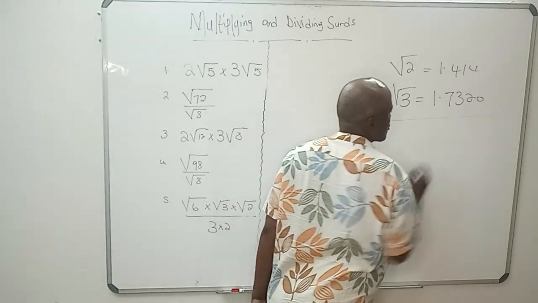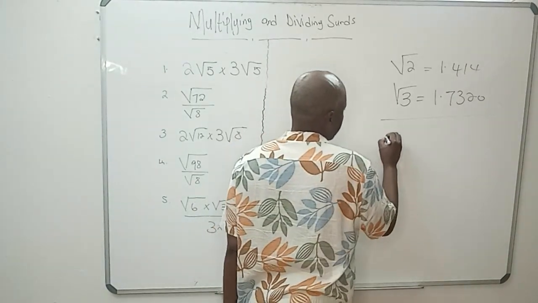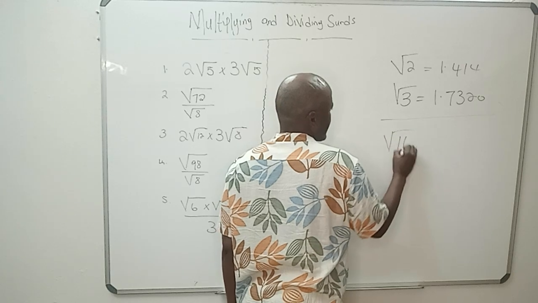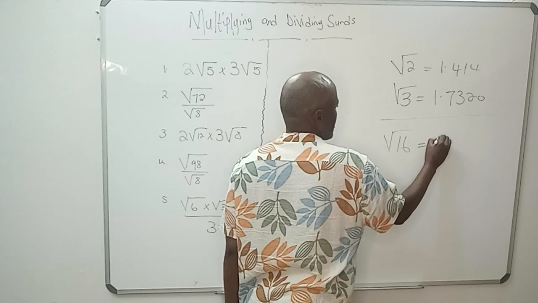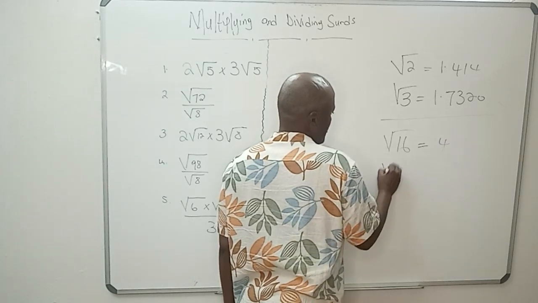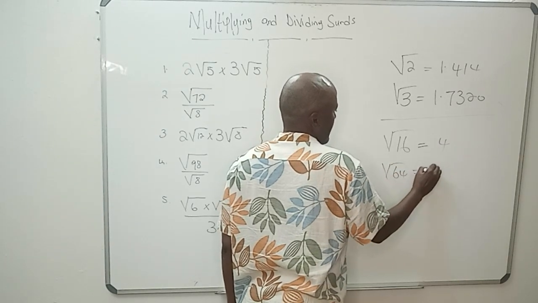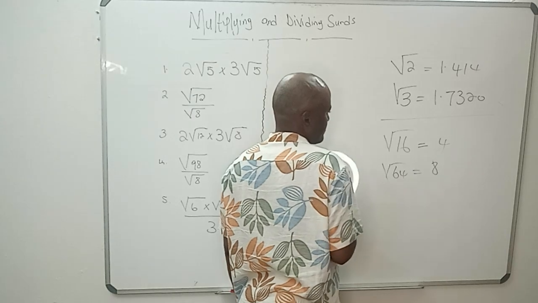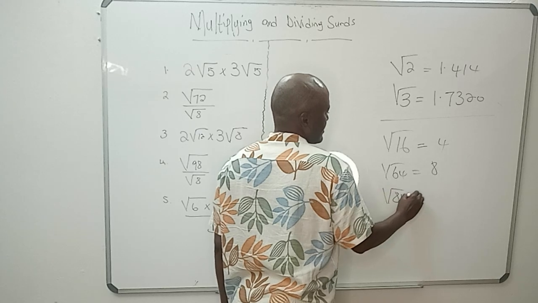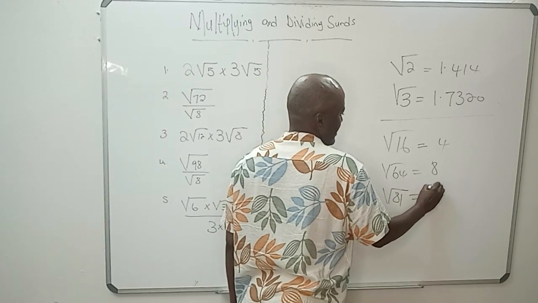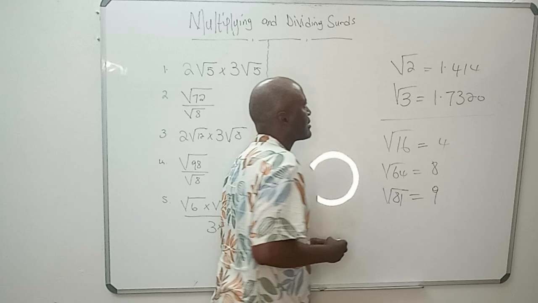What about the square root of 16? It is 4. The square root of 64 is 8. The square root of 81 is 9. Right.